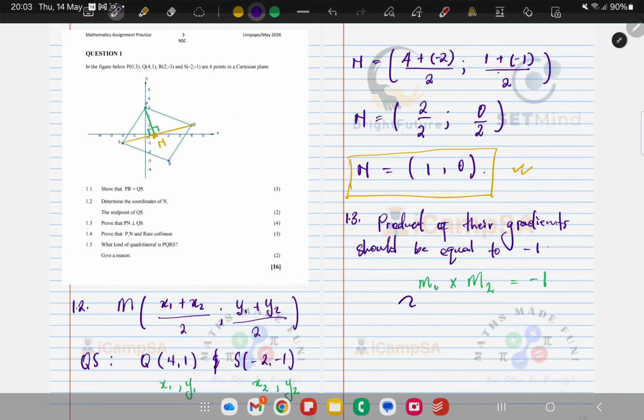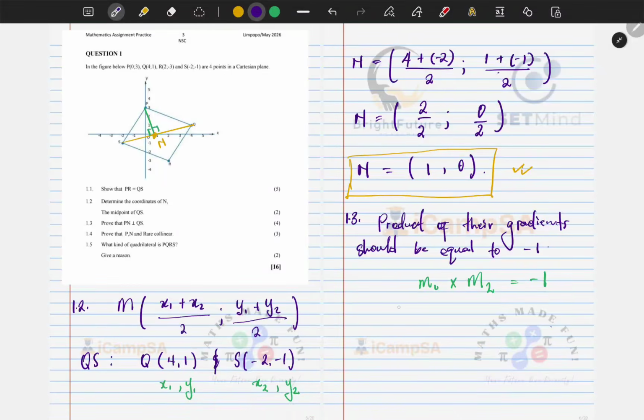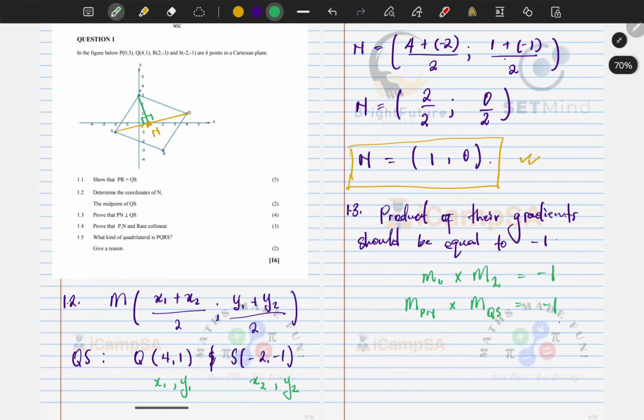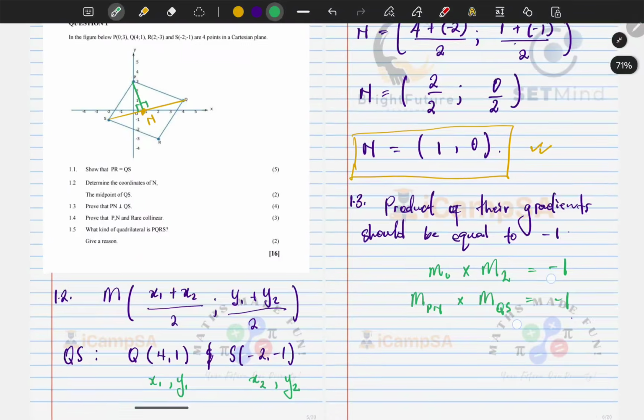In simple terms, we can write this as m for PN times m for QS. It should be equal to -1, and if it is equal to -1, then this will be proven to be perpendicular.